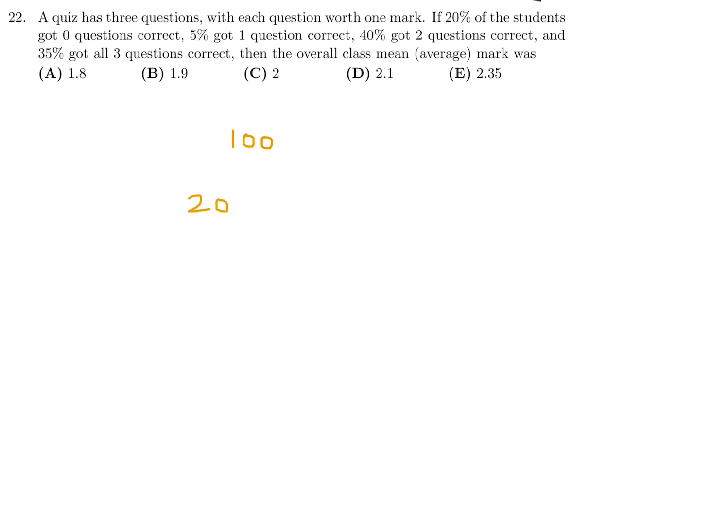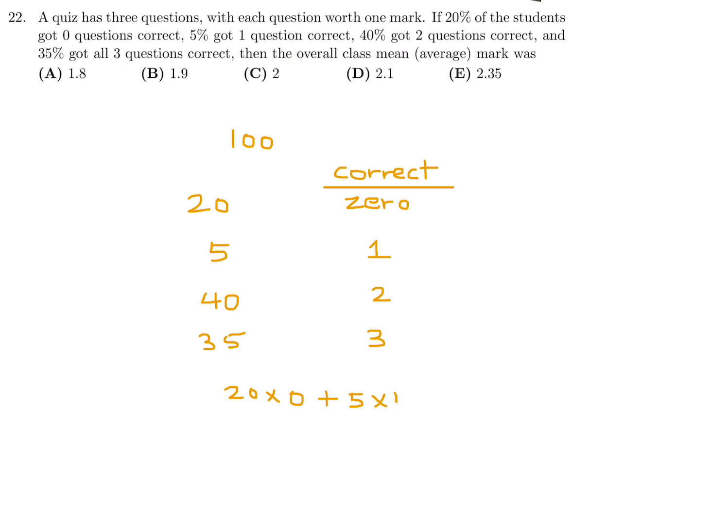20% is 20 students, and 20% of the class got 0 correct. And then we've got 5%, so 5 students got 1 correct, 40 students got 2 correct, and 35 students got 3 correct. So now we have to figure out the average. So it would be 20 times 0, plus 5 times 1, plus 40 times 2, plus 35 times 3, and then of course we have to divide by the total number of students, which is 100.